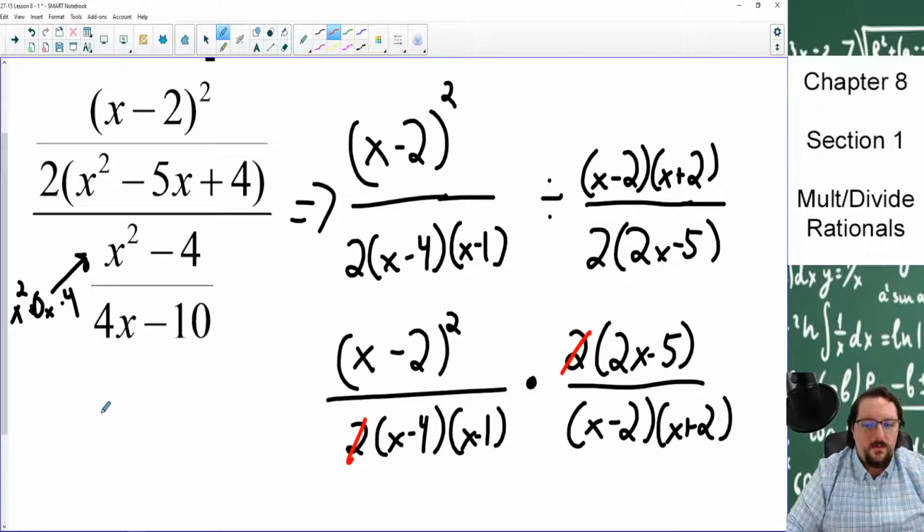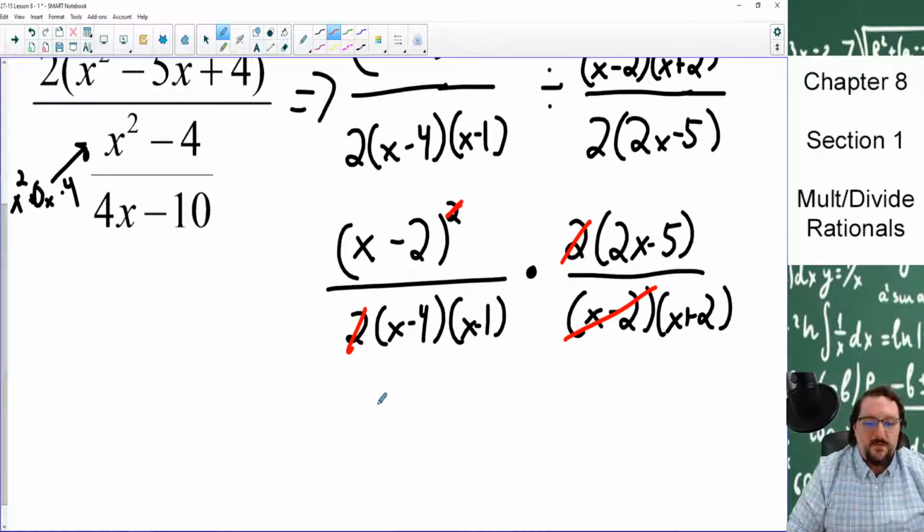And we can also cancel one of the x minus 2's with this one. Notice that this x minus 2 is being multiplied by itself. That's the literal definition of a square. And this x minus 2 is being multiplied by x plus 2. Because they're in parentheses, we can cancel them as if they were just normal numbers like these guys, because the quantity is being multiplied.